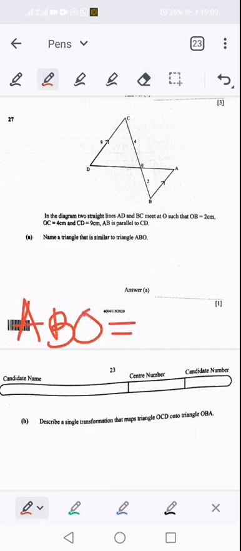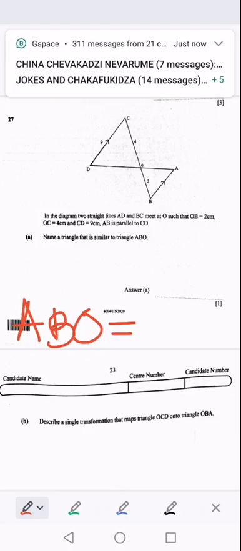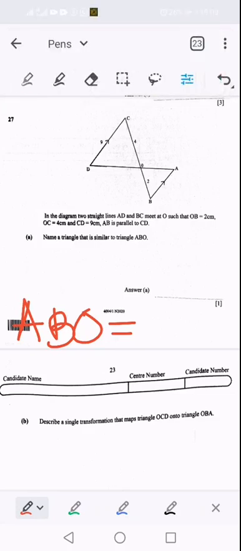ABO is equal to what? Triangle equal to AOB in terms of angles, not sides, but in terms of angles. Equiangular, equal in angles. Okay, so see now.